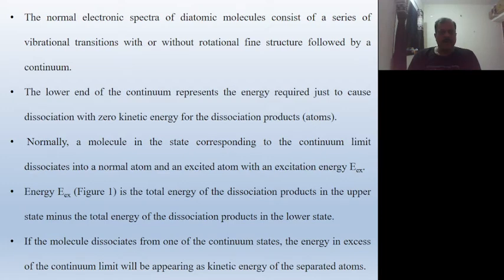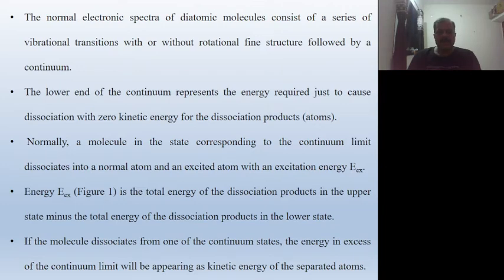Normally, a molecule in the state corresponding to the continuum limit dissociates into a normal atom and an excited atom with an excitation energy E, capital EX. E indicates the energy and EX indicates the excitation energy. EX, as shown in figure 1, is the total energy of the dissociation product in the upper state minus the total energy of the dissociation product in the lower state.